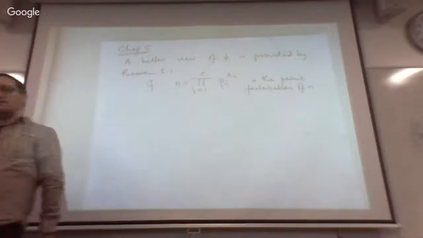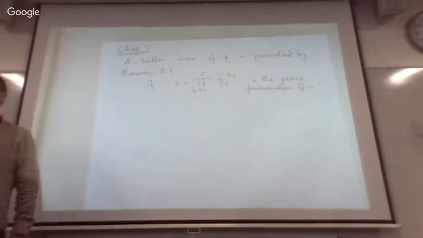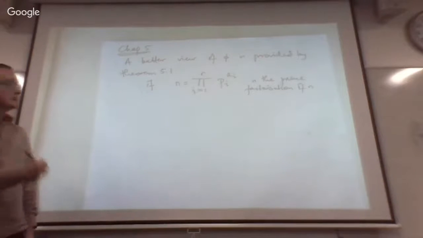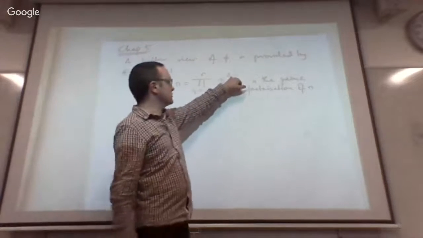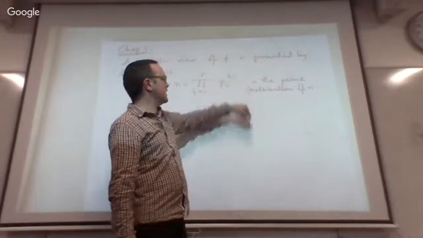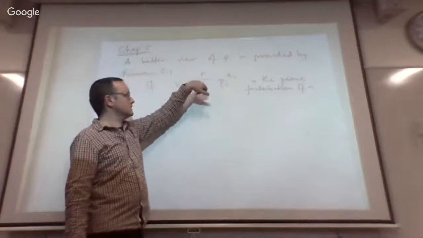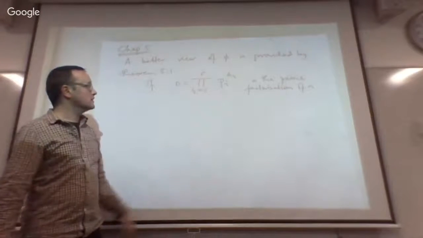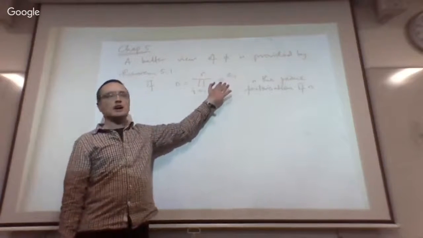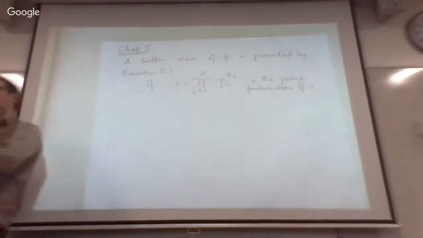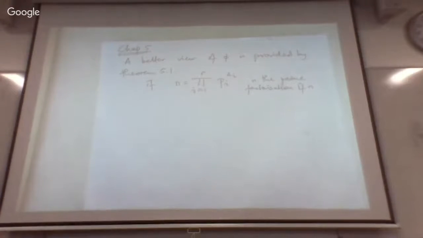These are all the different distinct prime numbers that divide n. And here I see them also raised to various powers, ai. And you multiply all those things together. Remember, that's what the capital pi is, the product operator. Multiply all those powers of primes together, you get n. Okay? So that's the prime factorization of n. That's the nice canonical way of thinking of an integer in number theory, in some sense.